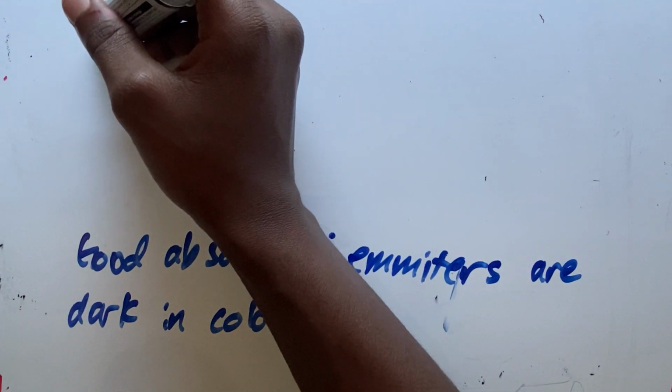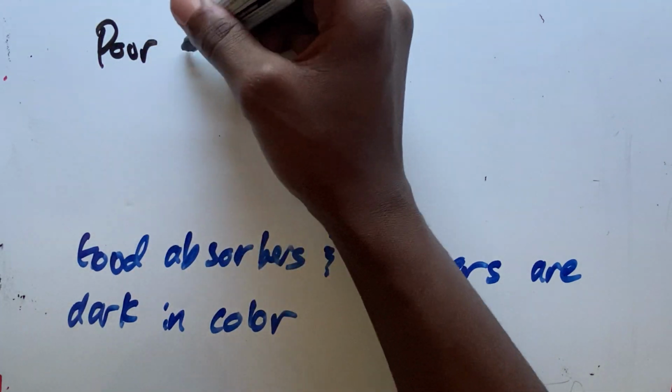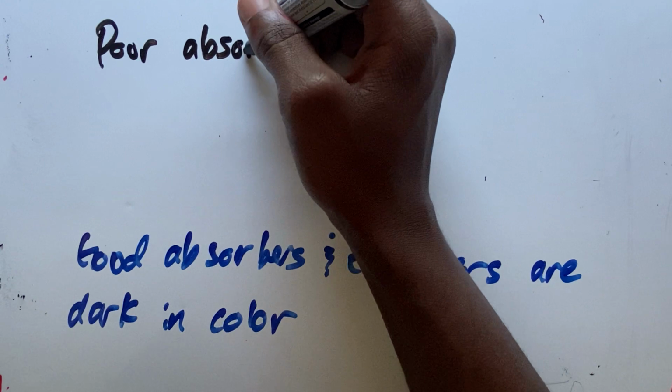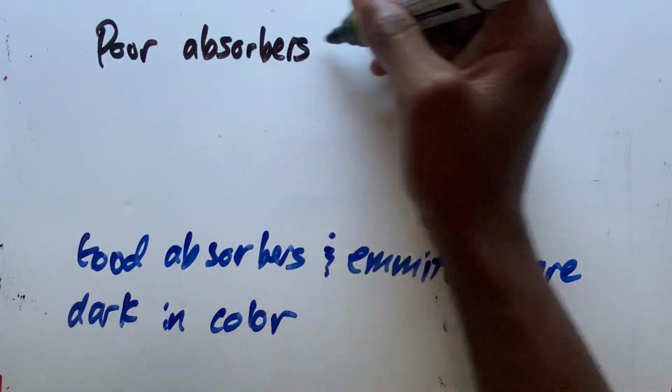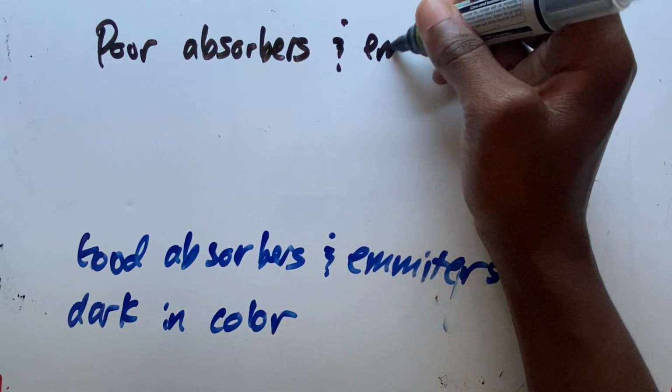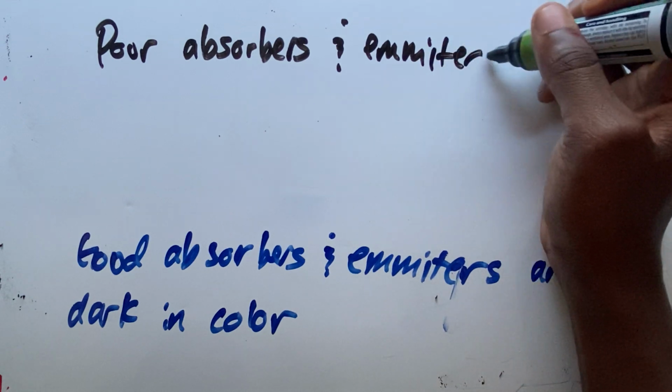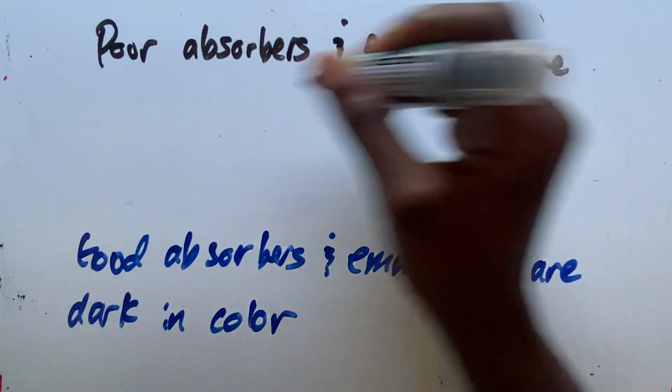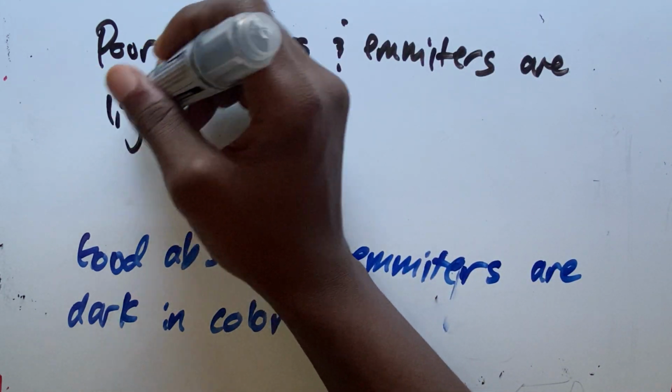So poor absorbers and emitters are lighter in color.